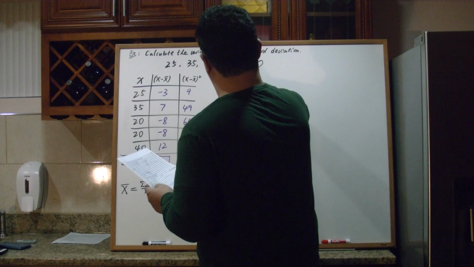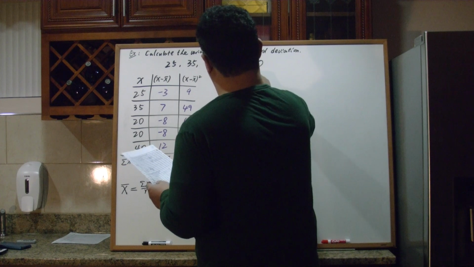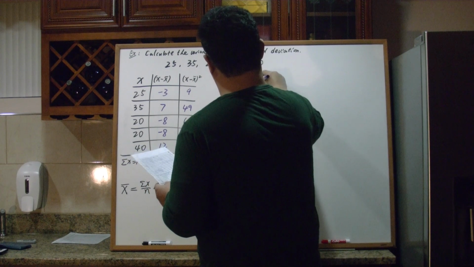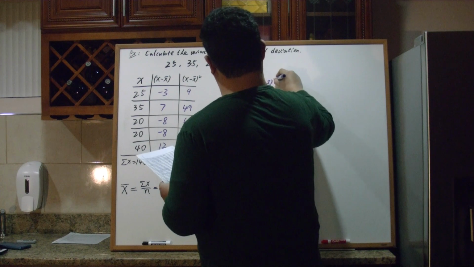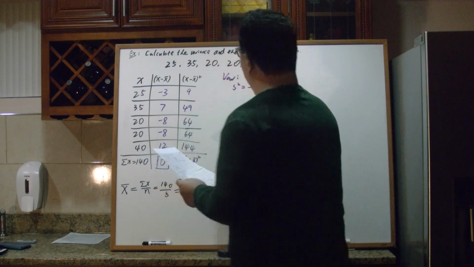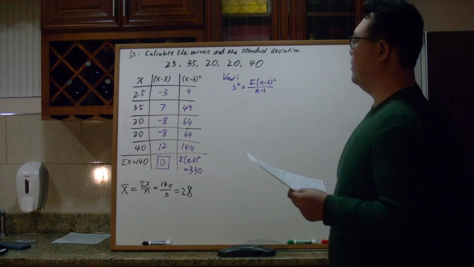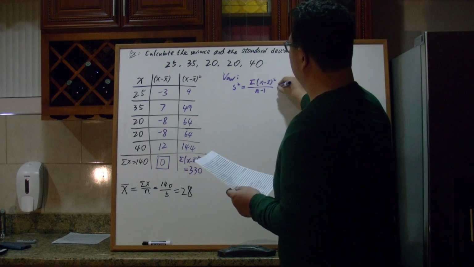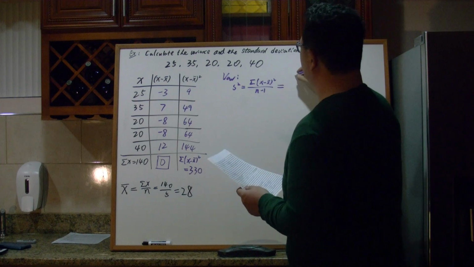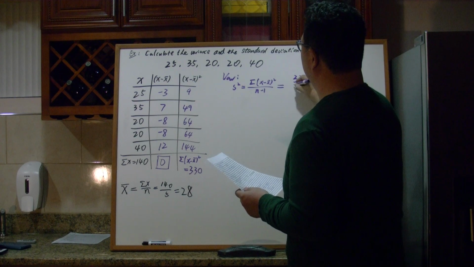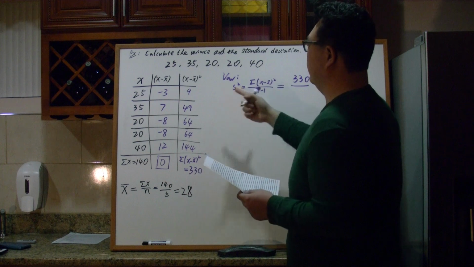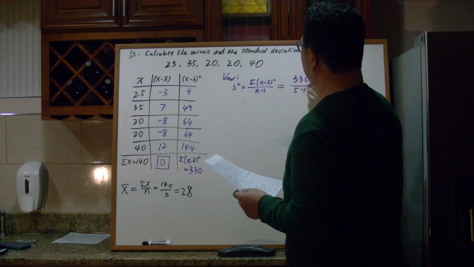So for the variance, we get the sample variance, that's the sum of (x minus x bar) squared over n minus 1. The sum is 330 in the column we found already, divided by n, which is 5, minus 1.